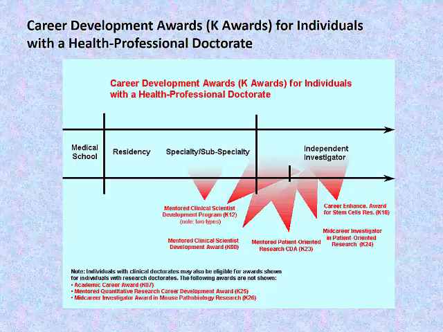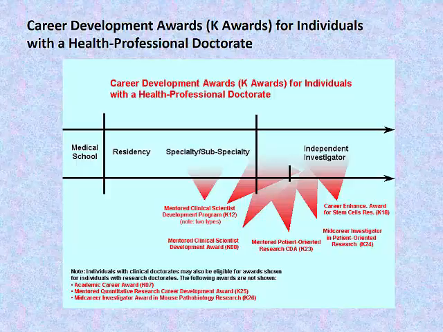So here you see this is the KL2 program. It used to be called the K12. They haven't updated the picture on their website yet. So you could be at the end of specialty training, or you could be a pretty new junior faculty member, and that would be the right time to be going after that one.